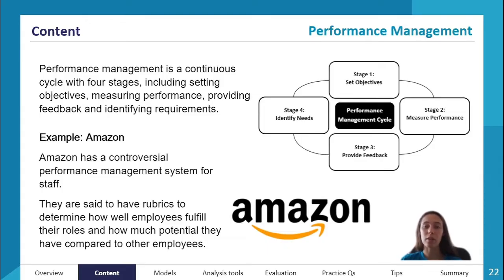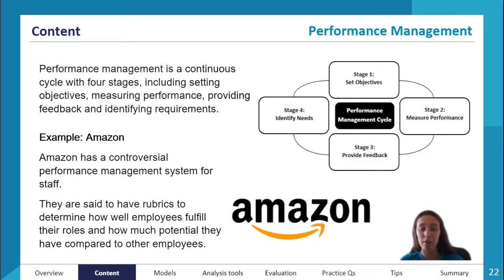If employees aren't being checked up on, then maybe they'll lose their motivation to continue to be as productive as they can be. You need to also provide feedback all the time to employees to make sure that they understand what they're doing well, understand how they could improve, and that kind of thing.